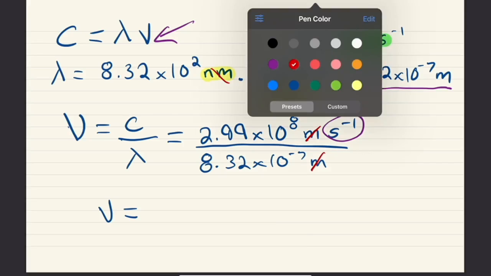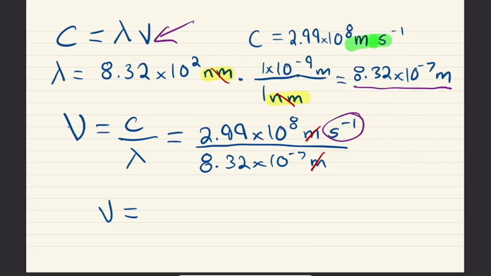Algebraically, we should recognize that by dividing both sides by lambda, we can isolate the variable of interest, which is frequency, and find ourselves with the speed of light divided by the wavelength, which we just converted to meters, and we can cancel out meters as shown here. Both of these now cancel.